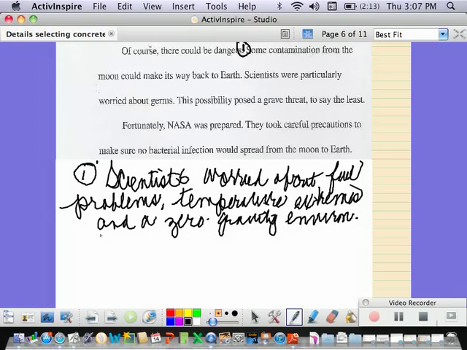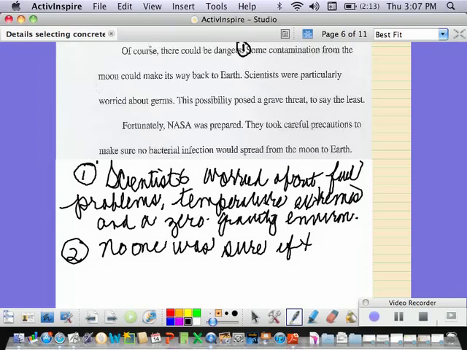Contamination. Okay, I need to add something else then. No one was sure if there was life on the moon.